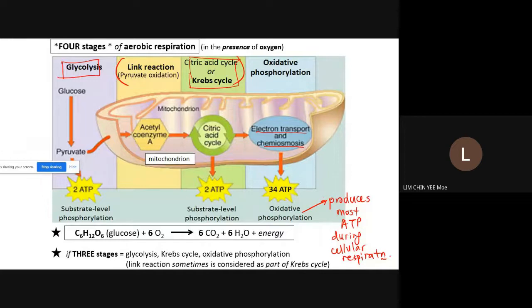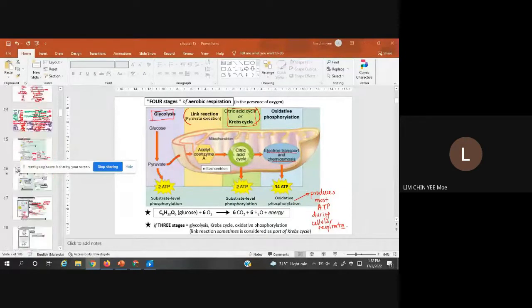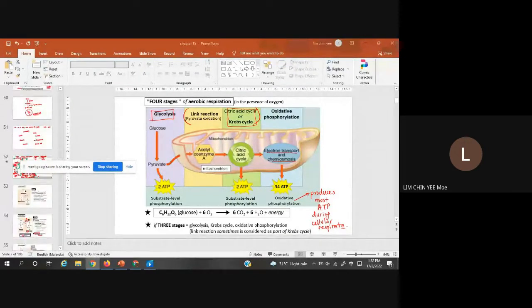I think you can write 3 stages or 4 stages, I also think both are correct. Okay, that's it for this part. Let's go through these 3 stages together.